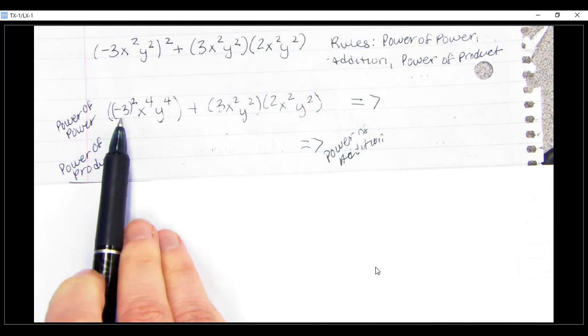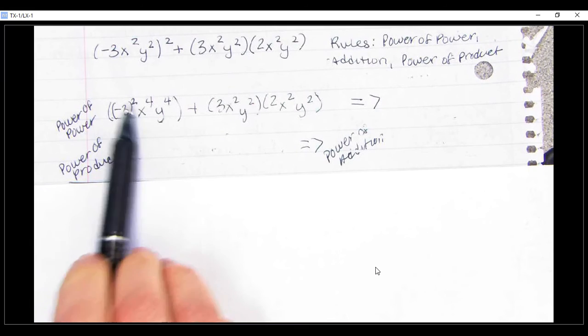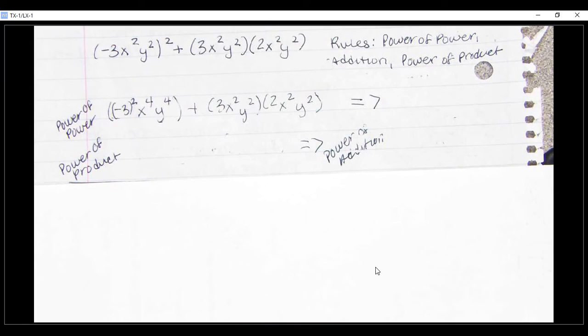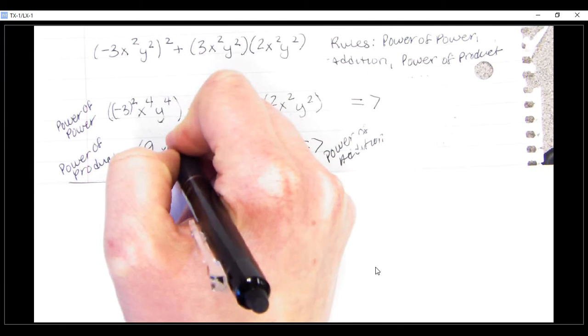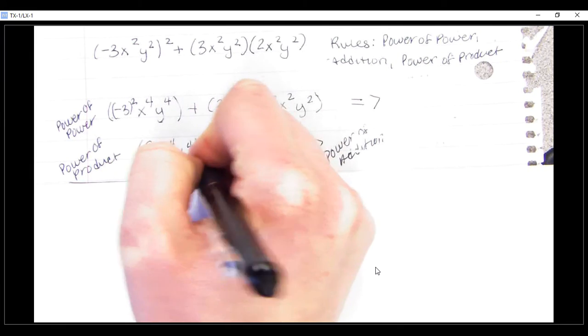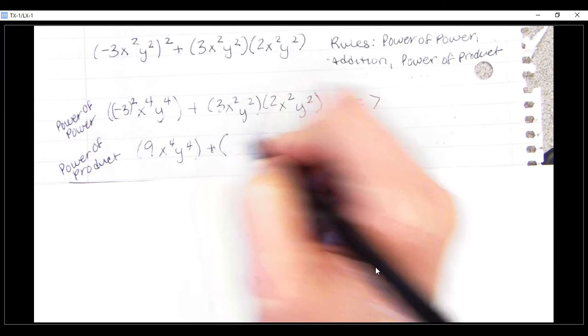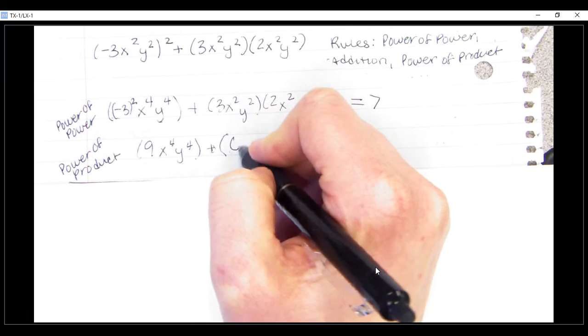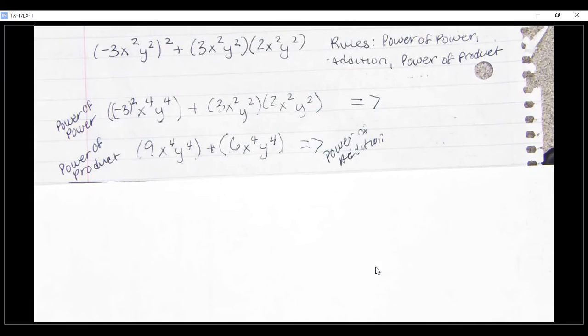Just for ease, and I can see later on I'm going to need it, I'm going to do -3 to the second power as well, in this step. -3 times -3 is a +9. And my powers and exponents in that section stay the same. However, over here, 3 times 2 is 6. And I'm going to get x to the fourth, y to the fourth as well, because 2 plus 2 is 4.